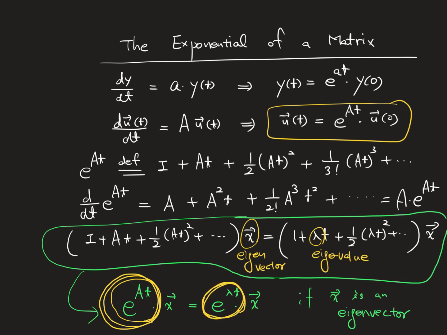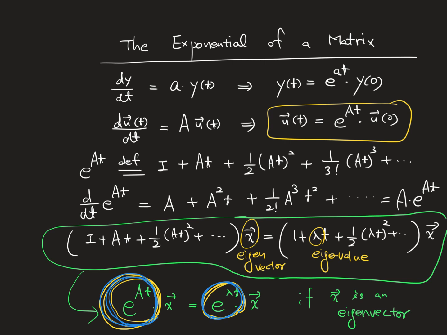So the eigenvalue of e to the at is equal to e to the lambda t. And what is the eigenvector? The eigenvector is just x, the eigenvector corresponding to lambda.